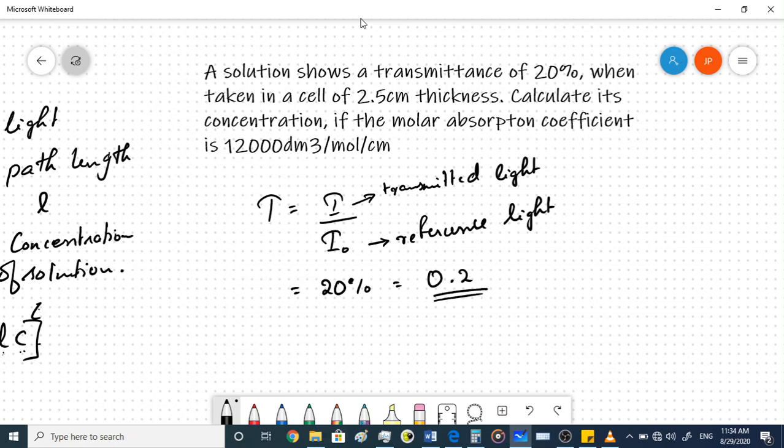The thickness of the cell is 2.5 centimeters, which is the path length. We need to find the concentration.